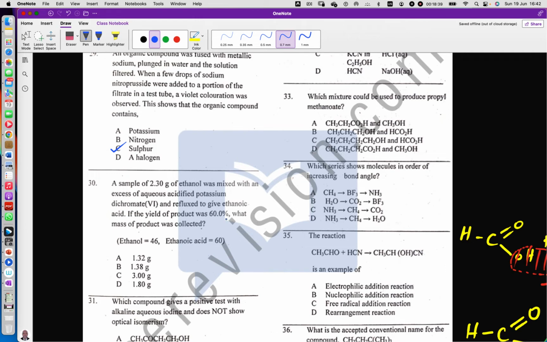But remember, there is a formula: percentage yield is equal to actual yield, another word for which is experimental yield, divided by the theoretical yield times 100.